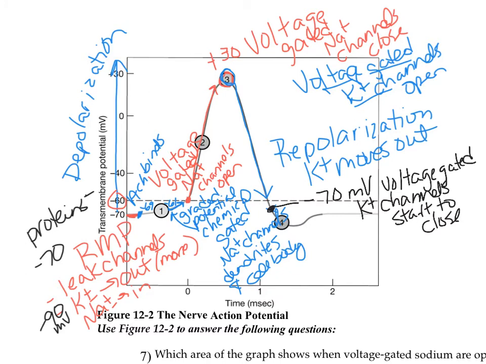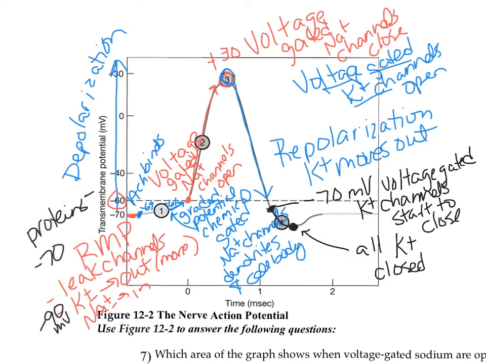Our charge will continue to drop, get more negative until all the potassium channels are closed. All potassium closed. Okay? That's at negative 90. It can go all the way down to its equilibrium, and then all the channels are closed, okay?